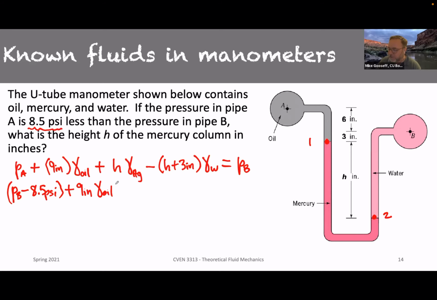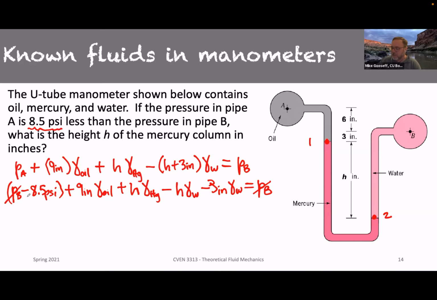We could look up a specific weight of oil, but we need a little more information. We have H times the specific weight of mercury, and then minus H times gamma W, minus 3 inches times gamma W, is equal to PB, and we can basically get rid of PB on both sides.